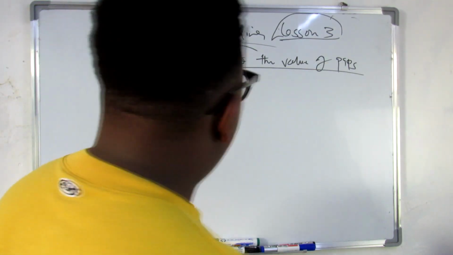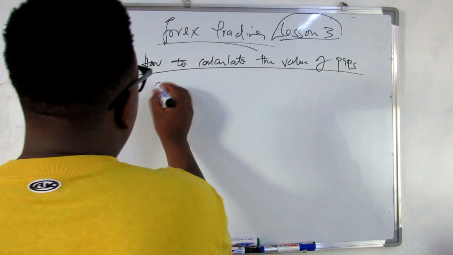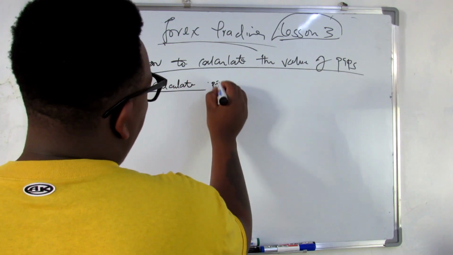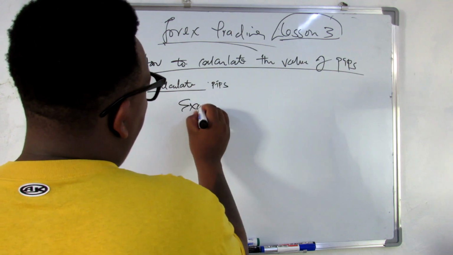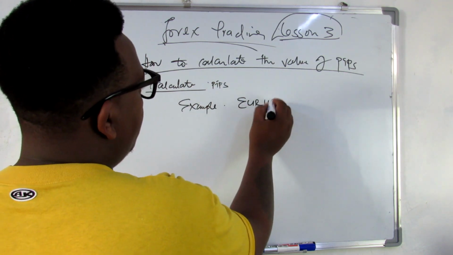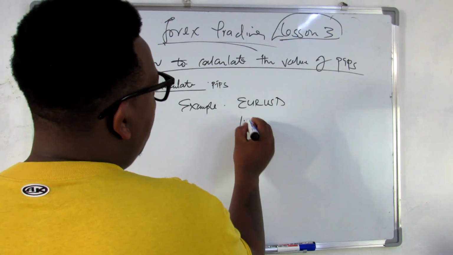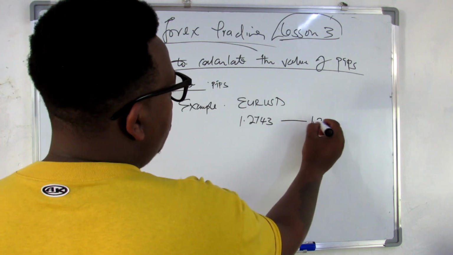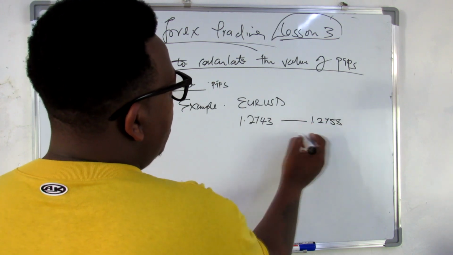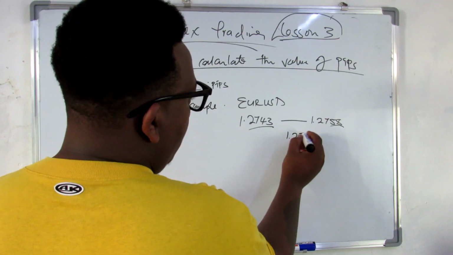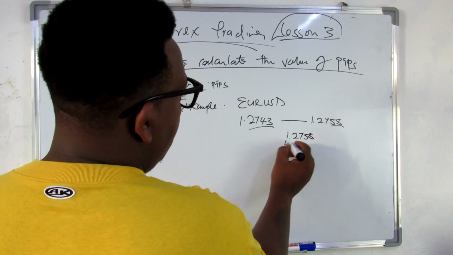Let's start with first calculating the pips. For instance, we have Euro USD. The market moved from 1.743 to 1.2758. You need to calculate the number of pips right here. As we said, you do the subtraction real quick.